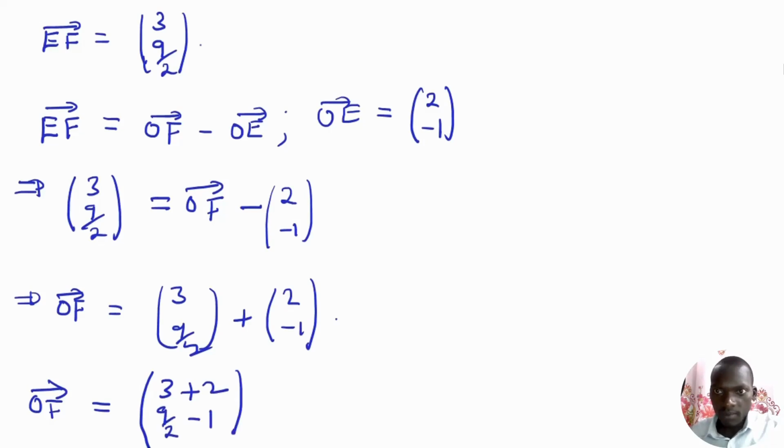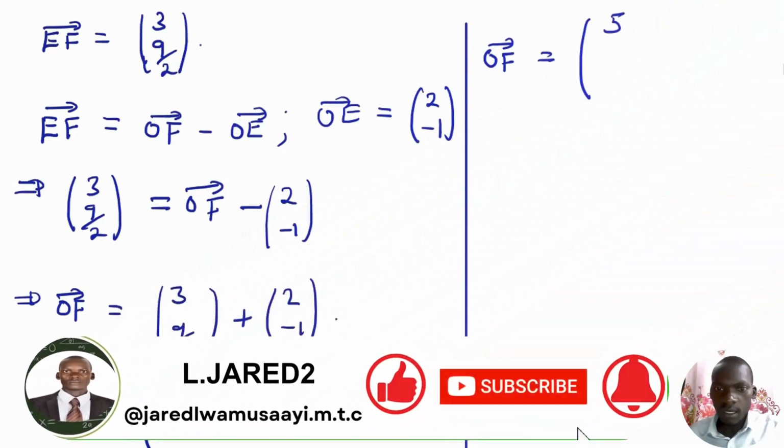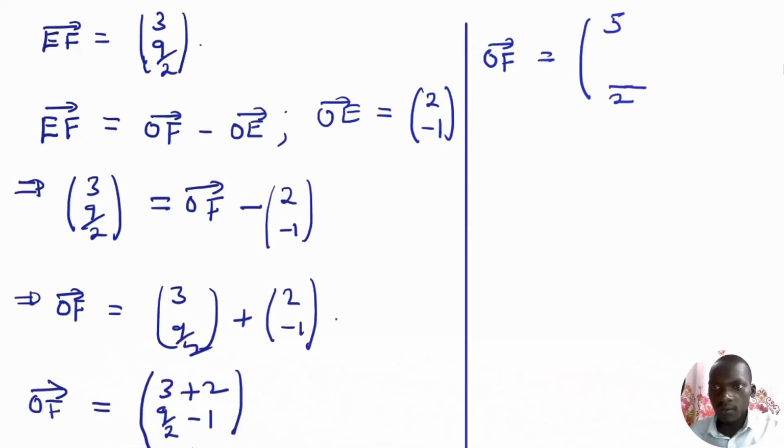As we simplify this, the position vector OF equals 3 plus 2, which is 5, then 9 divided by 2 minus 1. The LCM is 2, so we have 9 minus 2. Simplifying further, this is the vector (5, 7 out of 2).